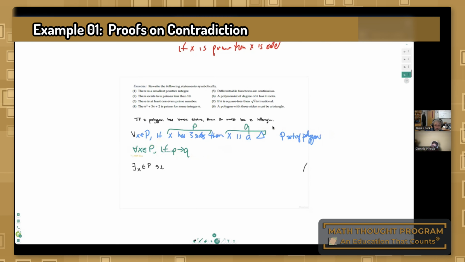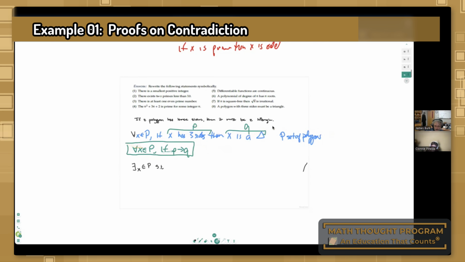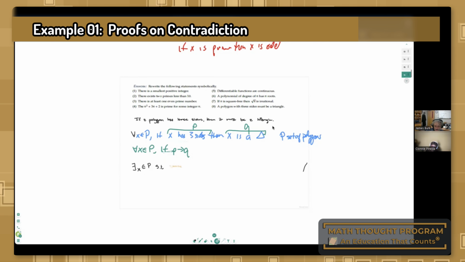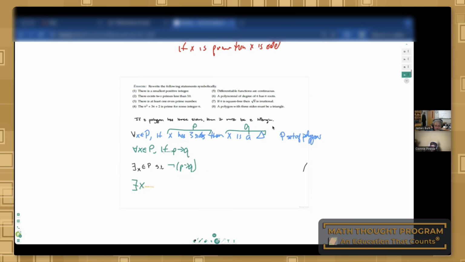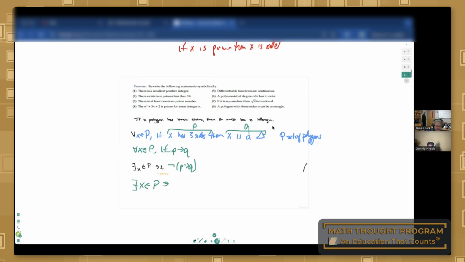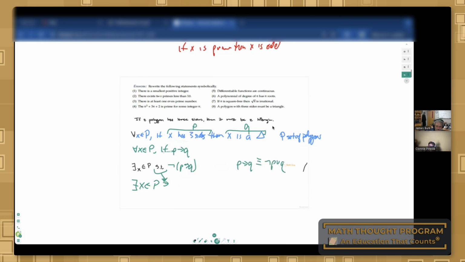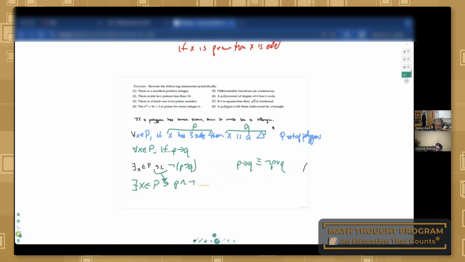If you write it symbolically and you take negation, you get away from that trap. And that's a symbol right there for "such that," by the way. If you take the negation of the conditional, remember the conditional is logically equivalent to not P or Q. So we have P and not Q.